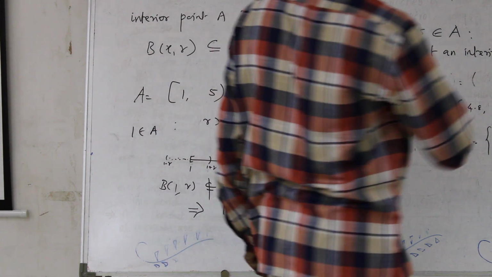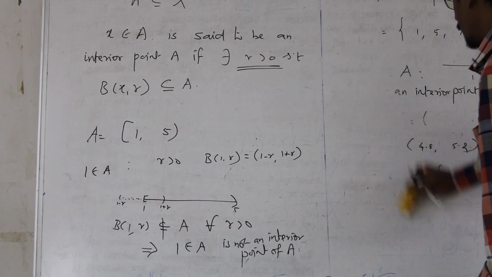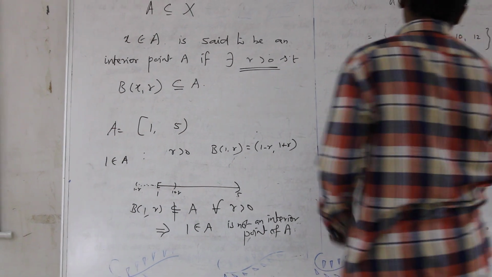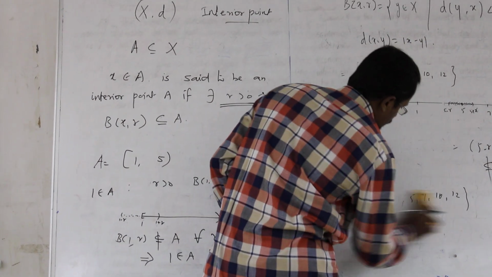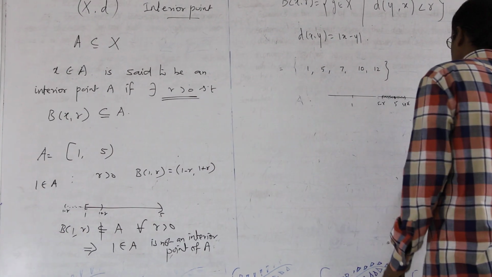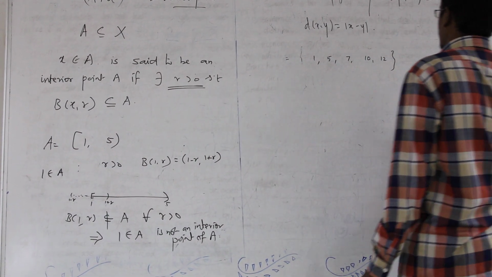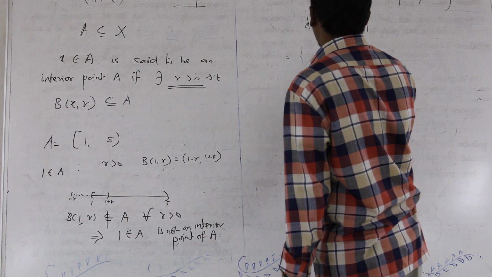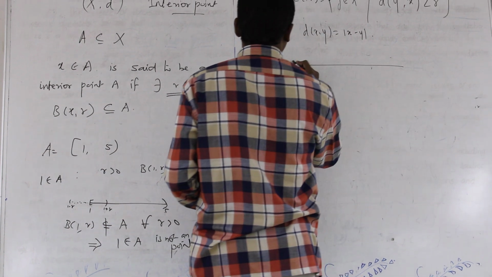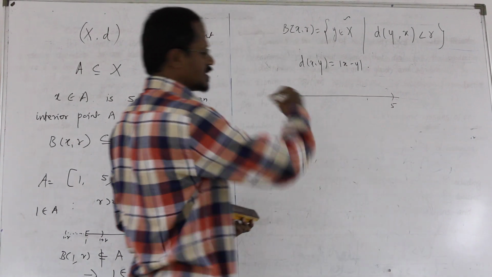Now you can take another point. Instead of taking 1, if I take a point nearby, will it be an interior point for A? So we will explain. Here the set A has 1 as the leftmost point and 5 as the rightmost point, and 1 is included.